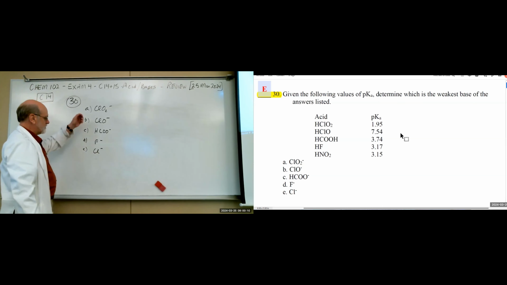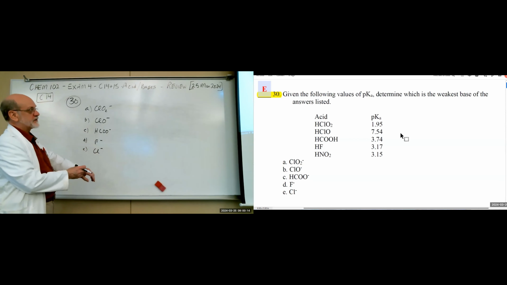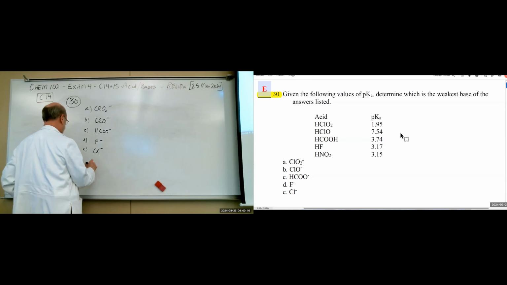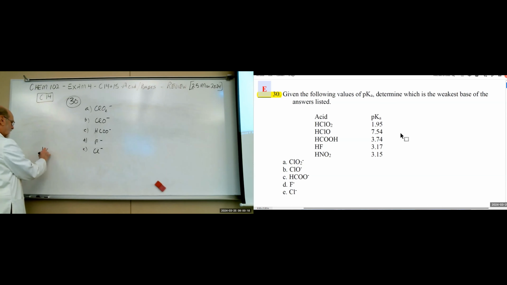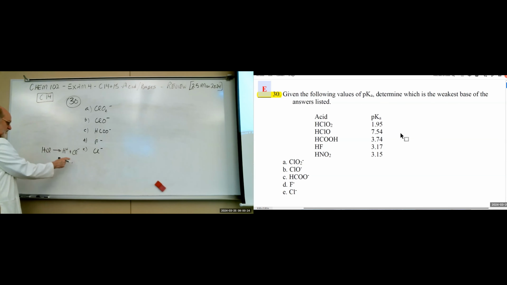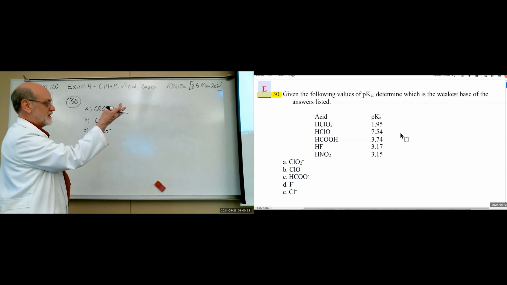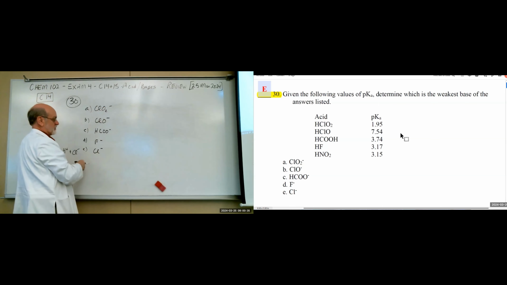Now, if we didn't have this one right here, which is the result, this is the conjugate base of what? HCl, which is a very strong acid. It completely dissociates into these. That means this is a very, very, very weak base. And it's not in the list, but it's in the possible answers.